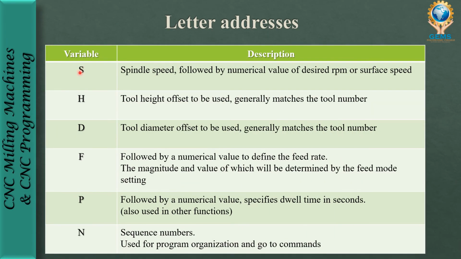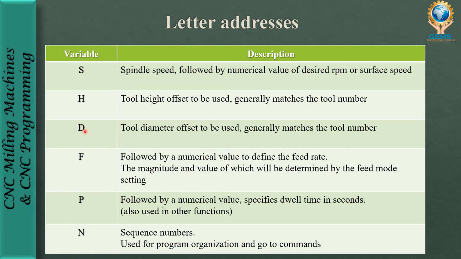And if you're using S as the variable in the program, the computer will understand it as spindle speed, and S followed by a numerical number represents the desired spindle speed in RPM. If you mention H as a variable, the computer will understand it as a tool height offset to be used, generally matching the tool number.